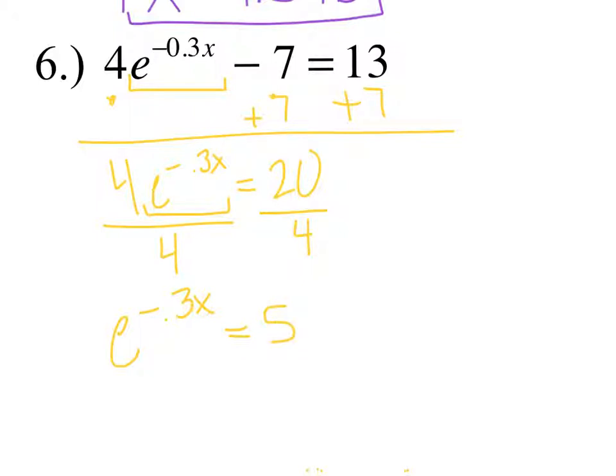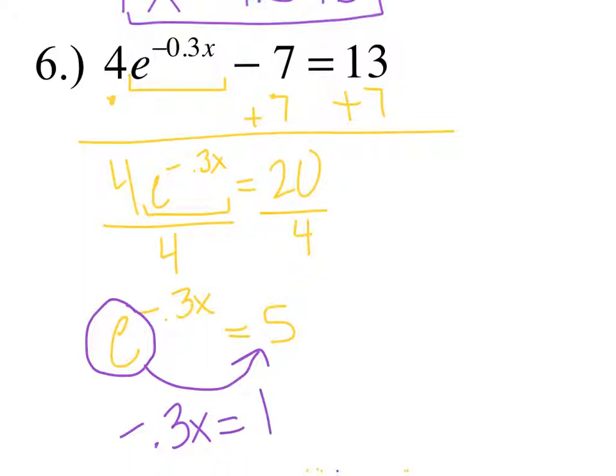So we have to undo the exponential. We're going to take the base, which is e. How do we undo e? With a natural log. So the e is now gone, and we're left with negative 0.3x equals the natural log of 5.